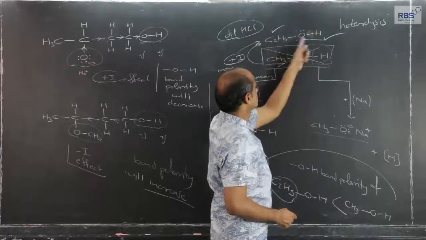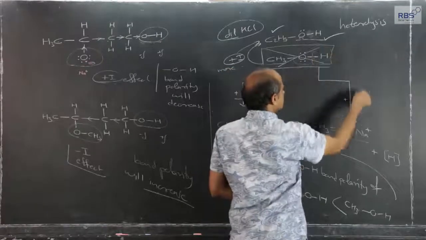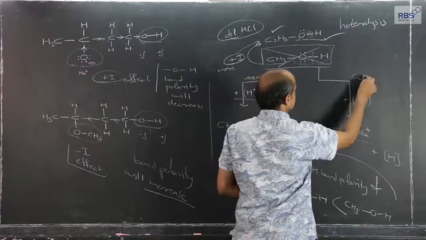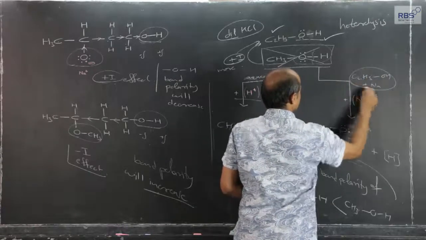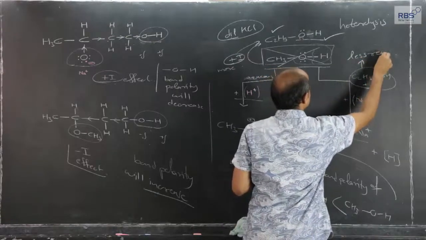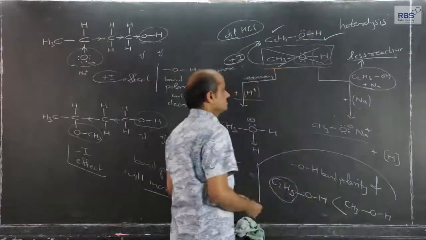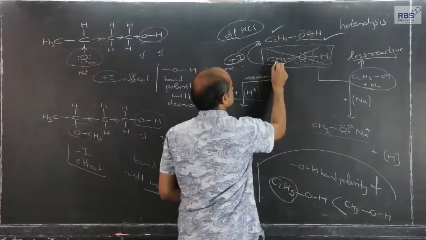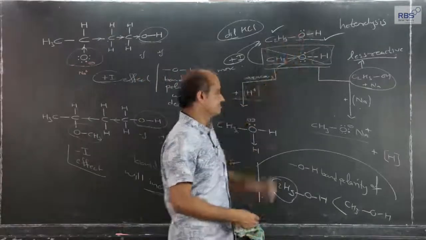And therefore, ethyl alcohol with sodium will be less reactive than methyl alcohol, because the OH bond polarity is less.